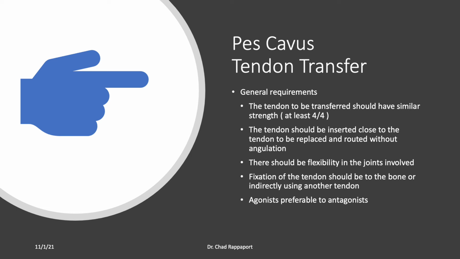When you're transferring a tendon, you're transferring it to impart a certain action on the joints that it affects, and of course if the joint is rigid, there's no place for a tendon transfer. Fixation of the tendon should be to the bone or indirectly using another tendon, and agonists are preferable to antagonists.